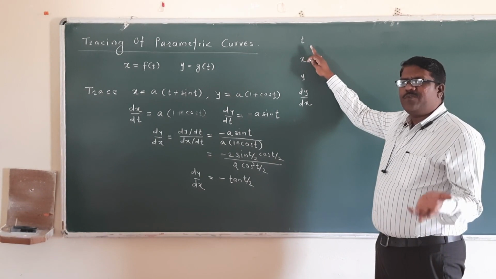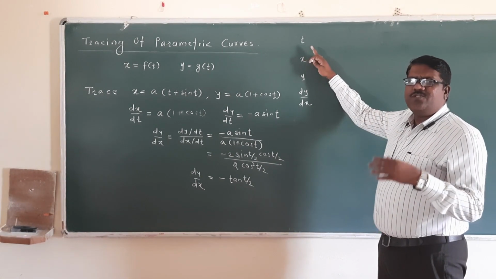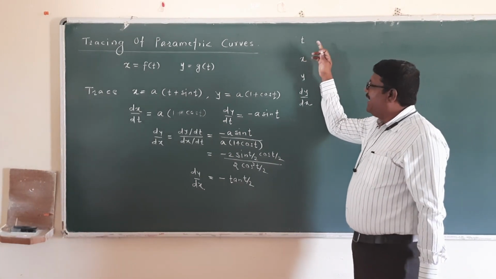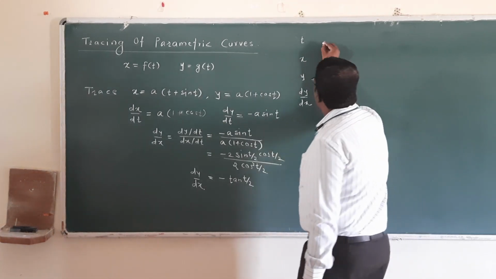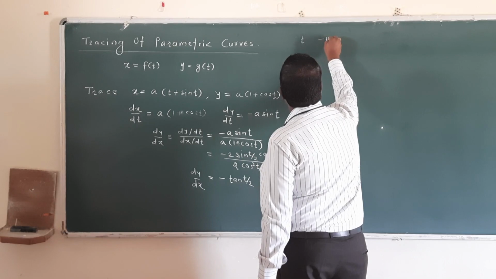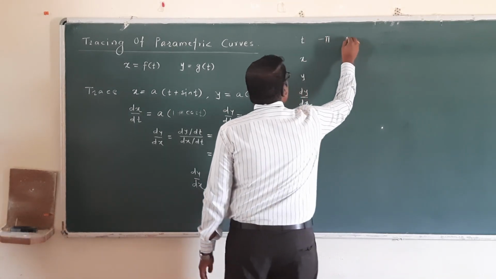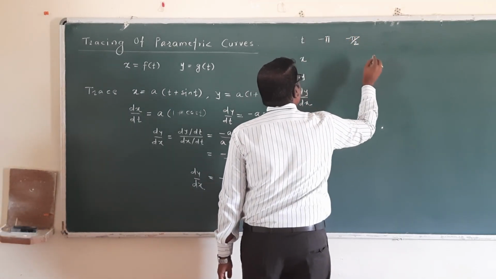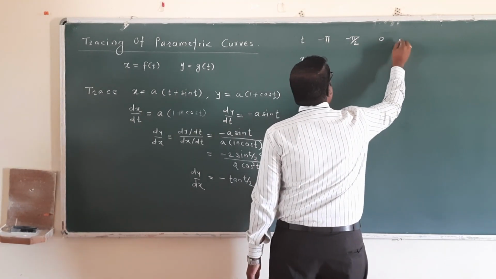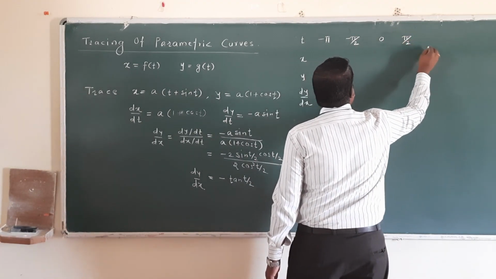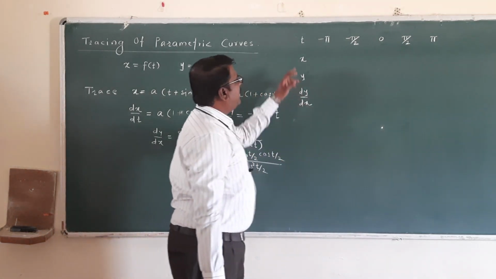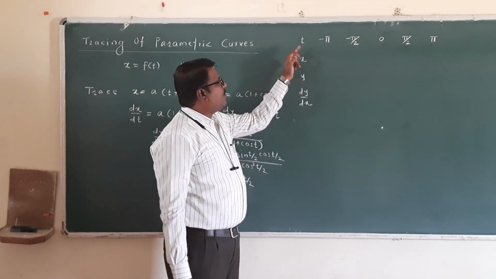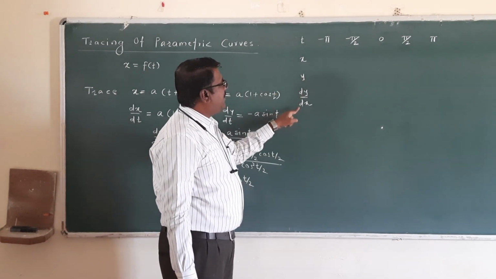You can choose from minus pi to pi, or from 0 to 2 pi, any interval of length 2 pi. Here I will select the values of t as minus pi, minus pi by 2, 0, plus pi by 2, and then plus pi. For these values of t, we are going to obtain x, y and dy by dx.